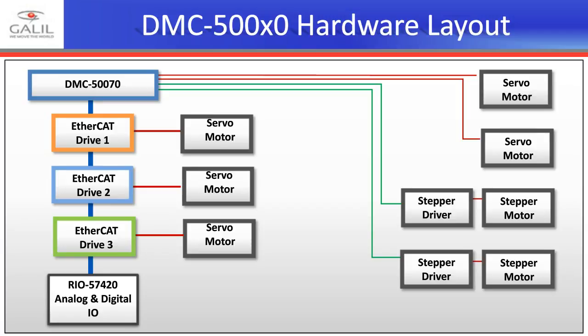On the right, the servo motors are controlled via plus minus 10 volt control signals, and then the stepper drivers are controlled via step and direction, so TTL step and direction lines. And this is perfectly feasible for an application that needs both centralized and distributed control. This is going to do what you need.